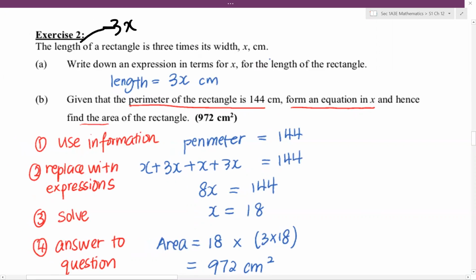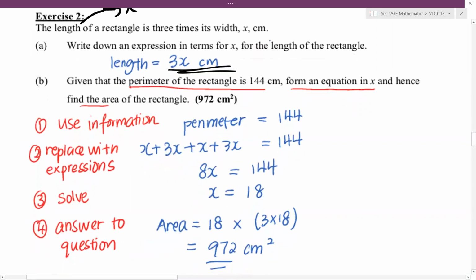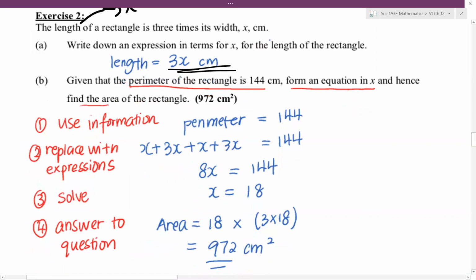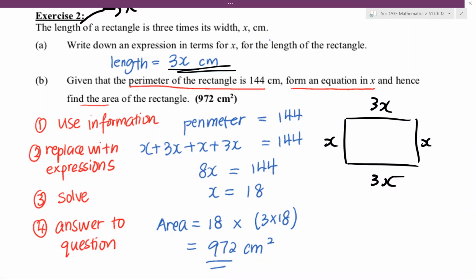Then, okay, so that's given. And they say the perimeter is 144. Don't be afraid. You can do perimeter questions. If you can do perimeter questions, you can do this if your algebra is all right. Sketch. This is x, 3x, 3x. What are they trying to tell you? Perimeter is 144 centimeters. Where is the perimeter?